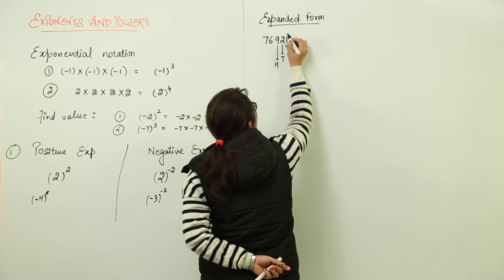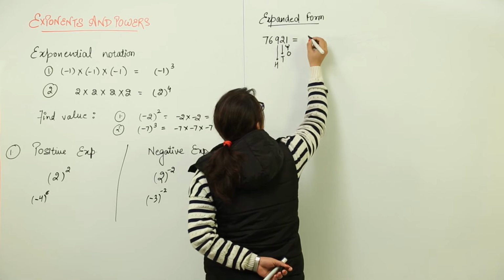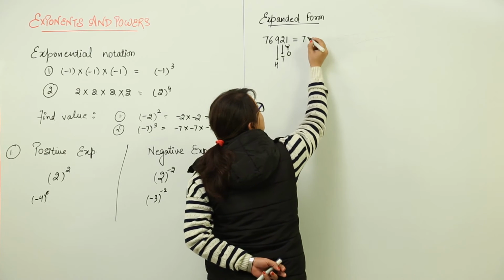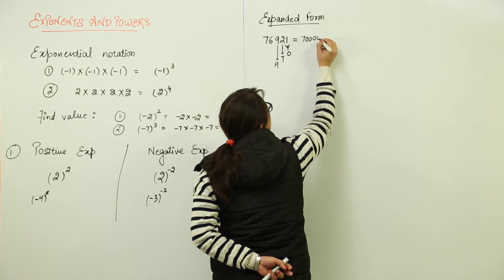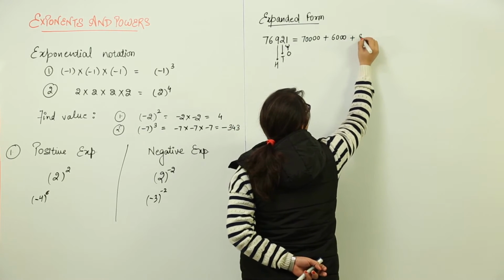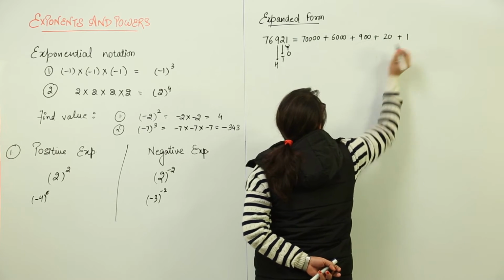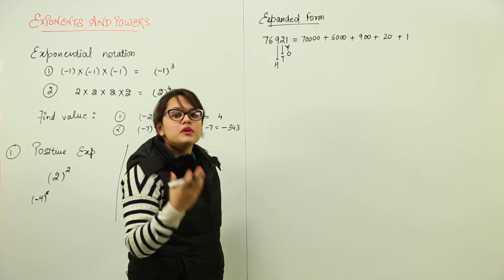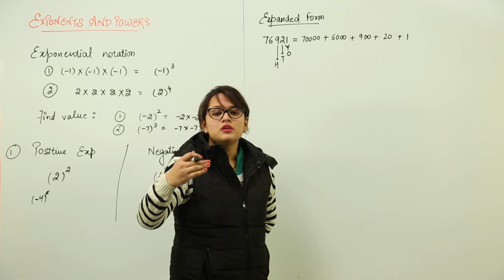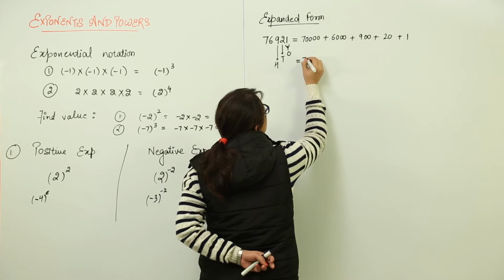That means 1, 10 raised to power 1, 10 raised to power 2, 10 raised to power 3, 10 raised to power 4. This is what you have learnt in your previous classes. But now in this class, you have reached a higher standard. Now what you have to write is, you have to write it in this form.